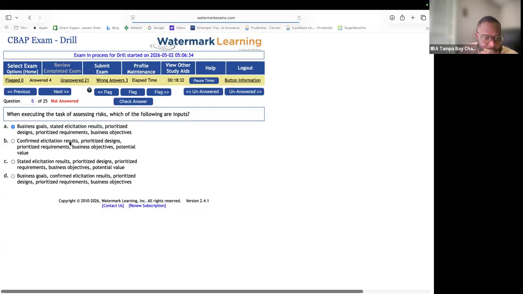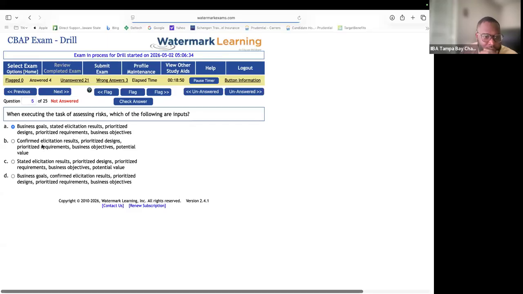Confirm elicitation result is not here. Prioritize design is here. Prioritize requirement is here as well. This also has, okay, that's business objective. It's also here, and potential value.